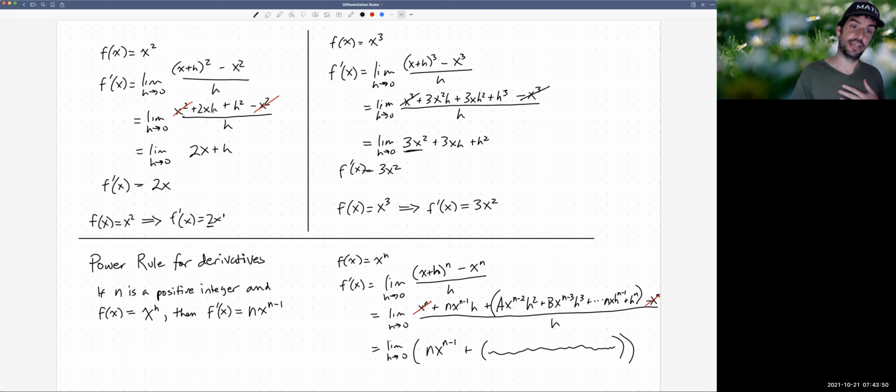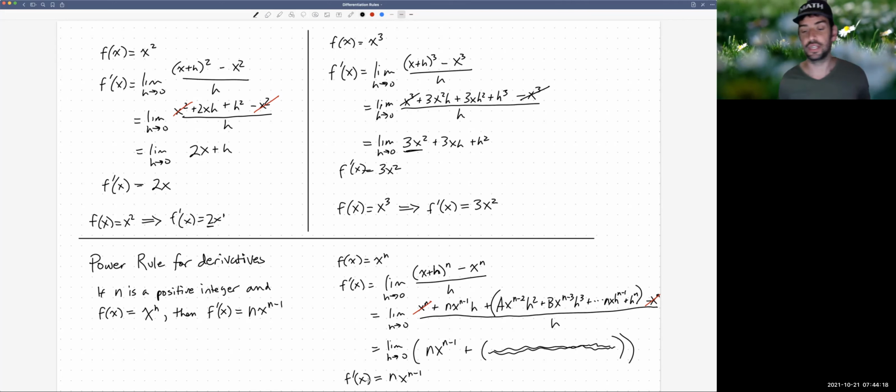When we factored out a factor of h, the one that only had one h multiplied had none left. The one that was h squared became h. So all of the terms that I'm representing with these two squiggly lines have at least one factor of h attached to them, which means when we take the limit as h goes to 0, they all disappear, and all that's left is n x to the n minus 1.